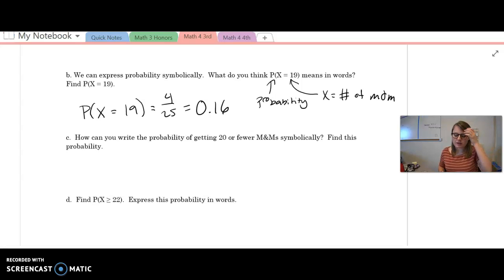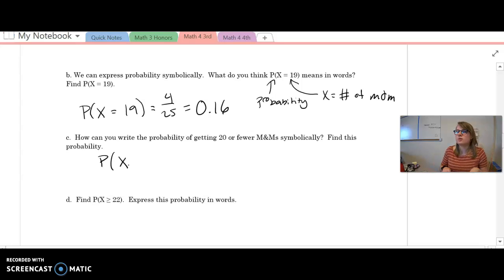Alright, so moving on to C. How can we write the probability of getting 20 or fewer M&Ms symbolically? Find this probability. So we're going to start with P. P means probability, and that's what we're going to be using a lot in this unit. So finding the probability of 20 or fewer M&Ms, we're going to have X in there as well.